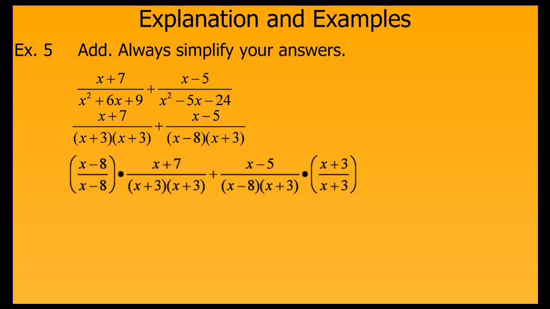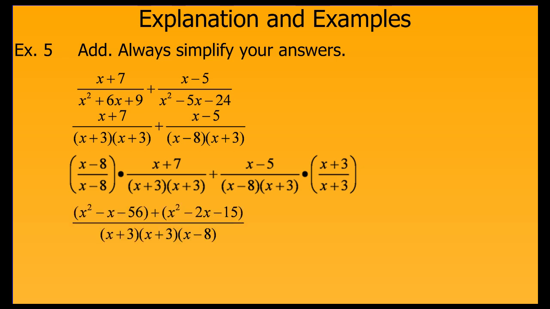Which means our common denominator is going to have as factors the quantity x plus 3 twice and the quantity x minus 8 once. Therefore, I'm going to need to multiply my first fraction by x minus 8 over x minus 8 to get that common denominator, and my second fraction by x plus 3 over x plus 3 to get the common denominator.